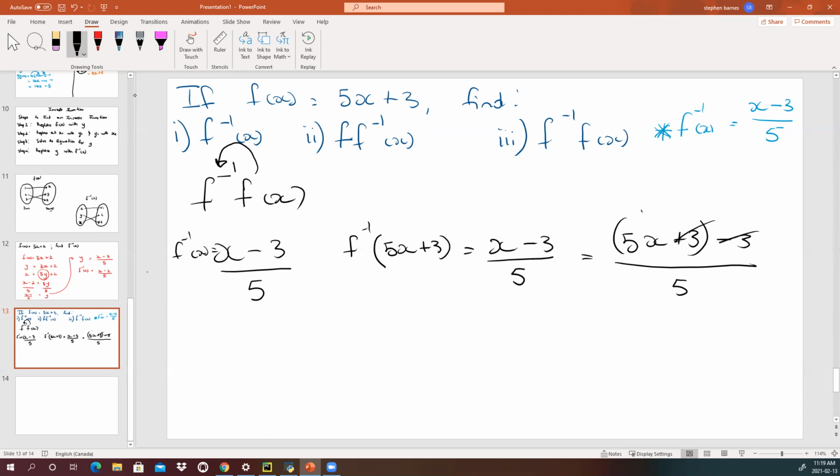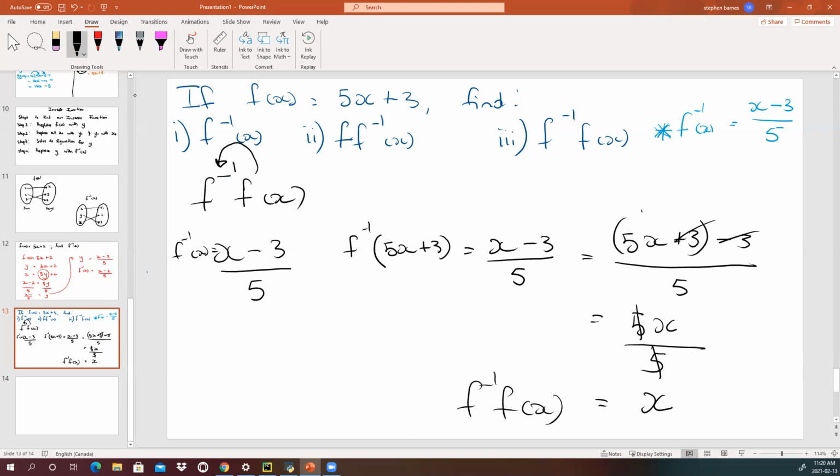Those two would cancel out. You would have 5x over 5. And if you divide through by 5, you get x. That is our answer. So our f inverse of f function is x.